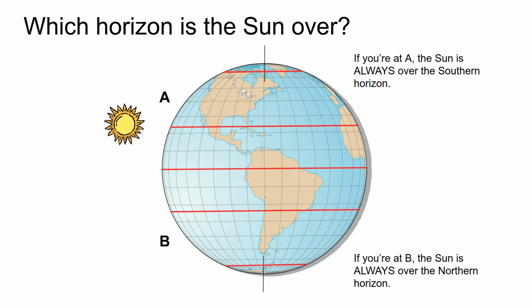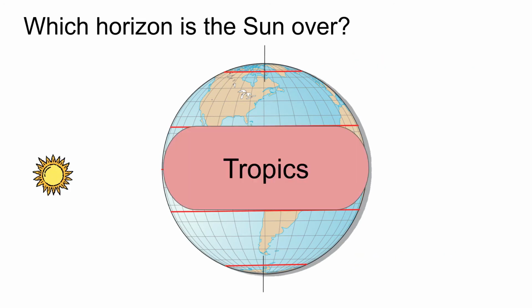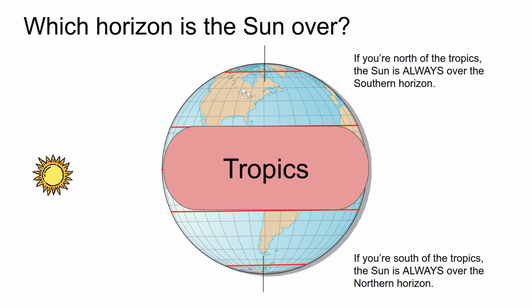So if you're north of the Tropic of Cancer, the sun is always over the southern horizon. Same deal: if you are south of the Tropic of Capricorn, the sun is always over the northern horizon. What if you're in the tropics, though? Well, if you're north of the tropics, the sun is always over the southern horizon. If you're south of the tropics, the sun is always over the northern horizon.